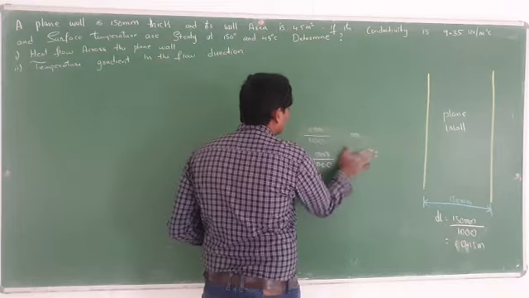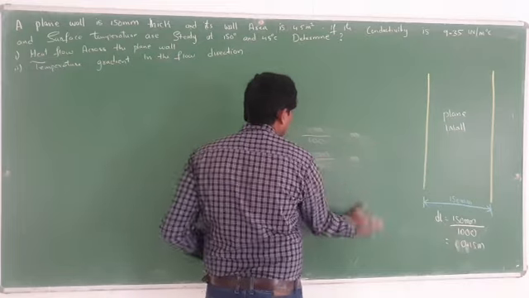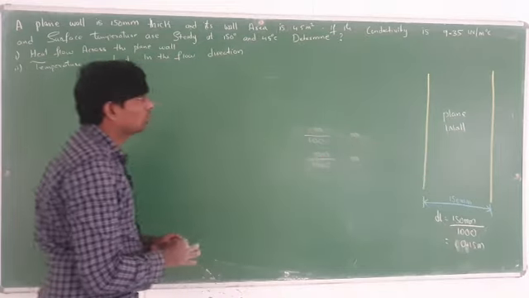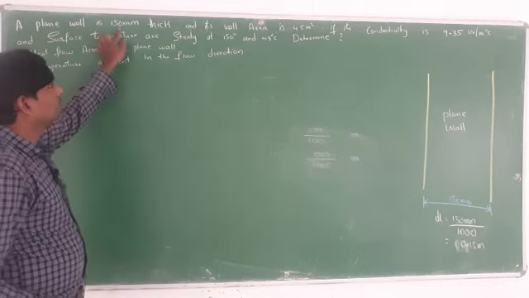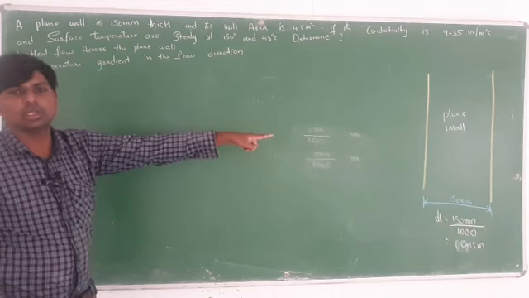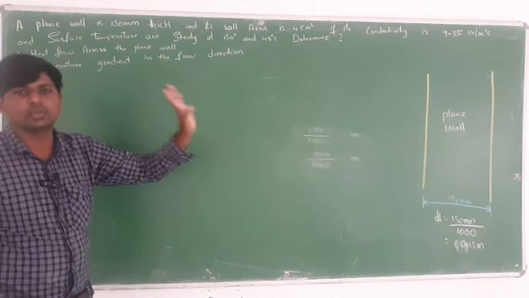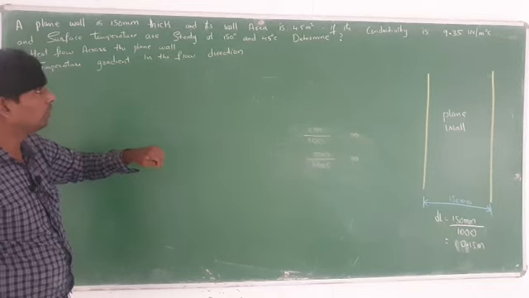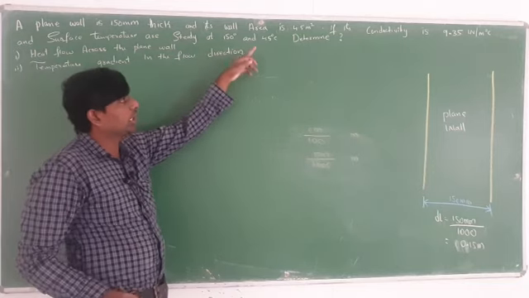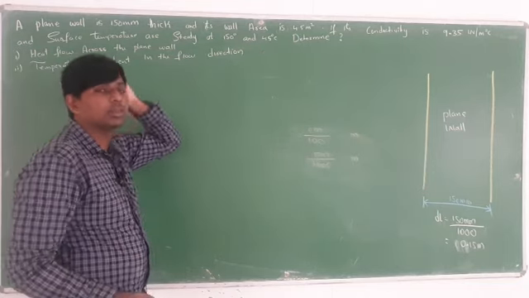After conversion is over, we go back to our question. A plane wall is 150 mm thick, and its wall area is 4.5. First time area is given.